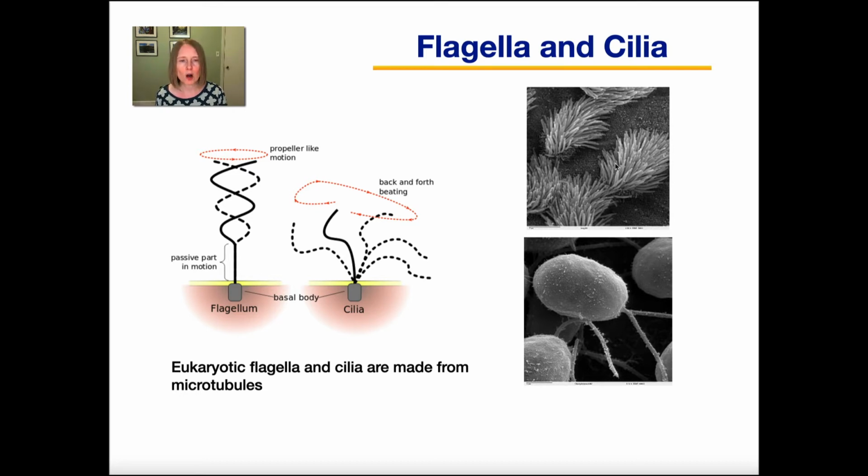And the image above shows cilia. They're kind of like flagella, but shorter. And they can also perform this beating motion. And some cells use them to swim. You have cilia inside your respiratory tract lining those cells, and they help to sweep dust upwards so that you can cough it out. So these eukaryotic flagella and cilia are made up of microtubules.